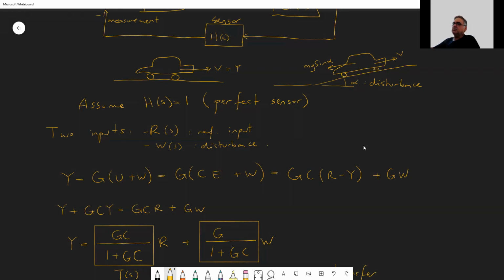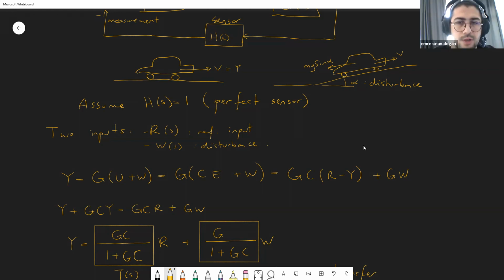The engine should compensate for this m g sine alpha force if you want to go at a certain constant velocity. As long as alpha is constant and the road is long enough, this is something we always calculate and it can't change.